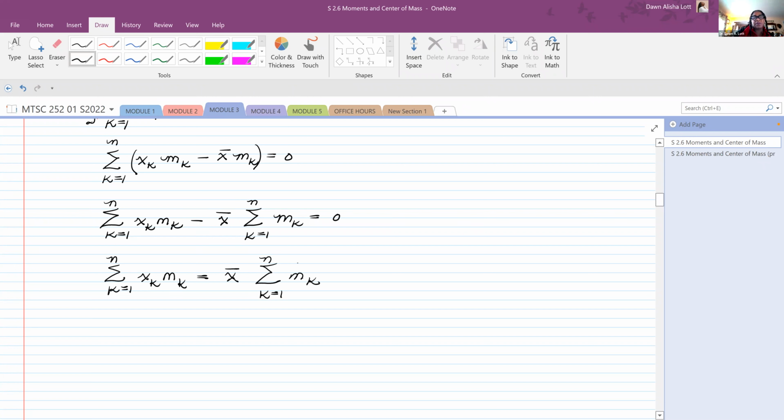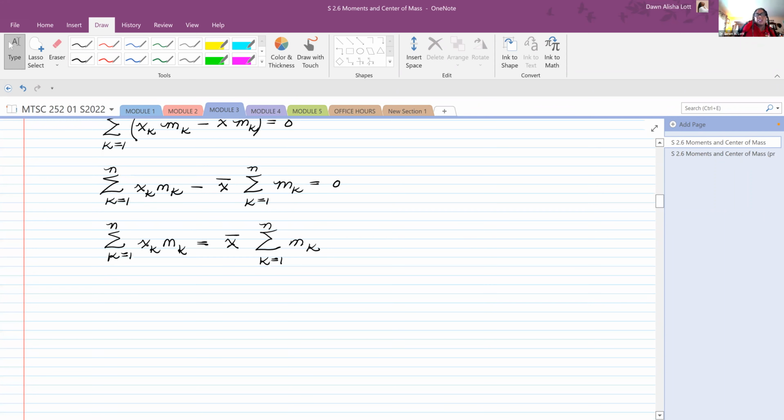And then I can divide by the sum of mk, and I now have my final formula: X bar is equal to the sum k equals 1 to n of xk times mk, divided by the sum k equals 1 to n of just mk.